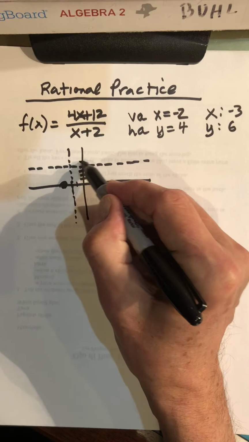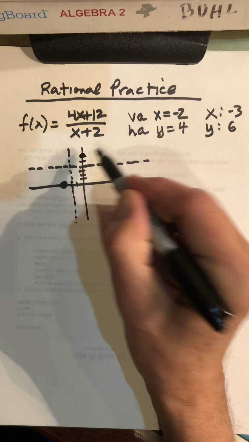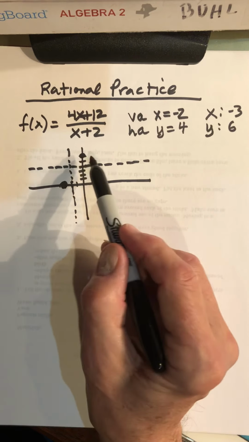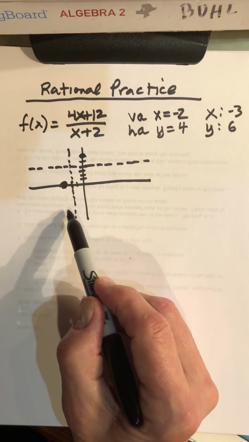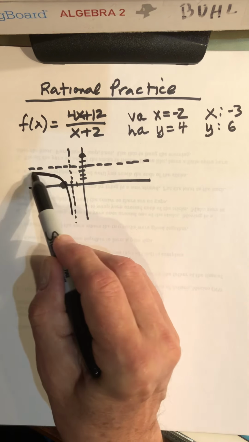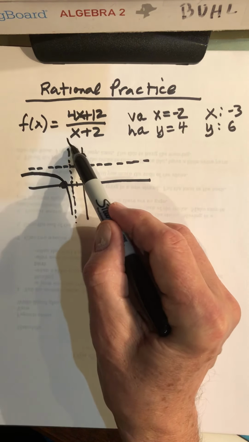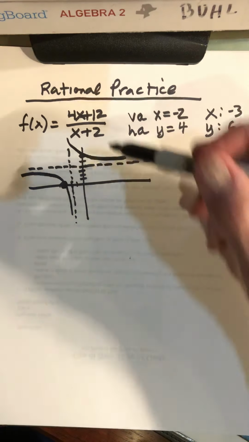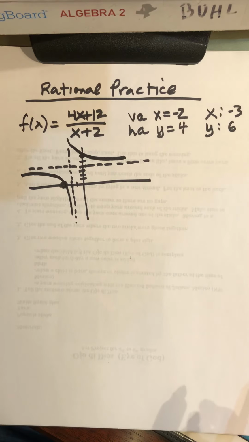So it's 4, 5, 6. Okay. Well, there we go. That's going to be up there in that corner, and this is going to be down here. And there's your graph. Okay?